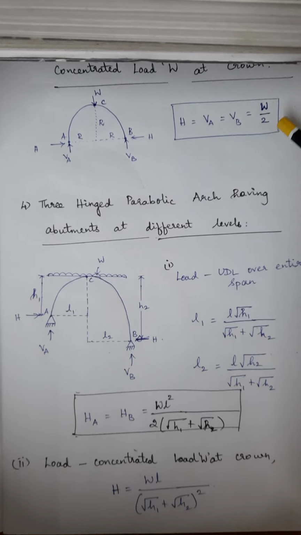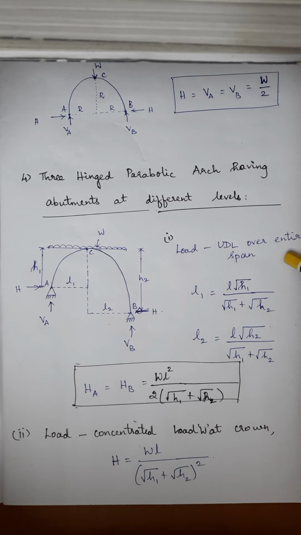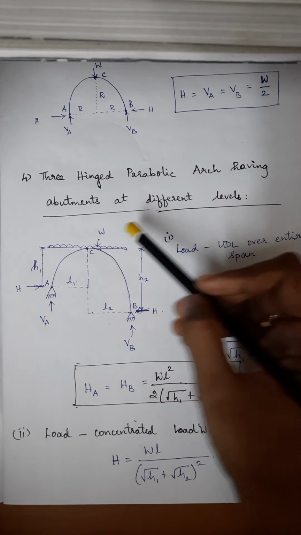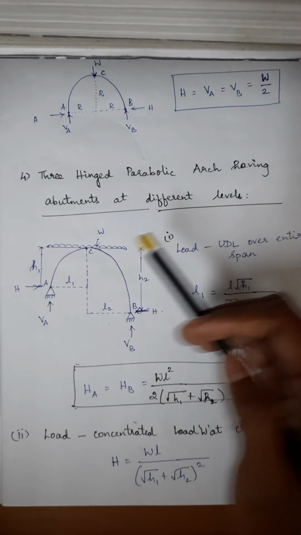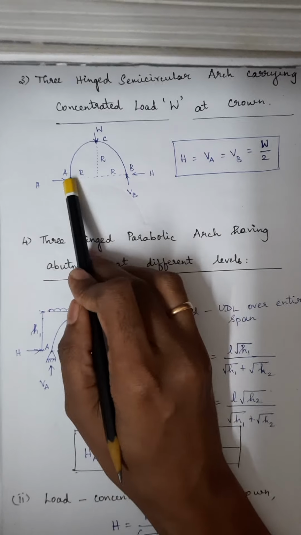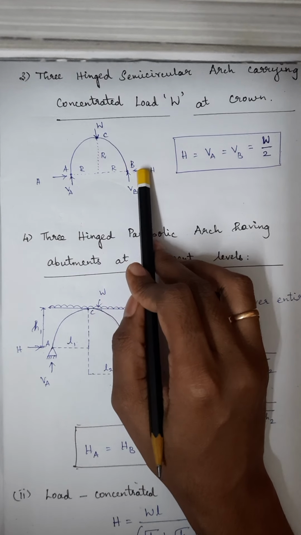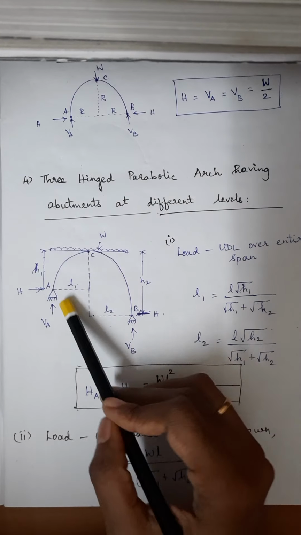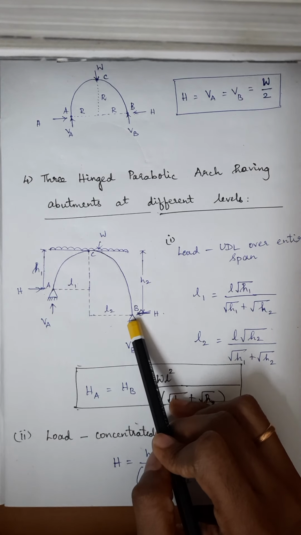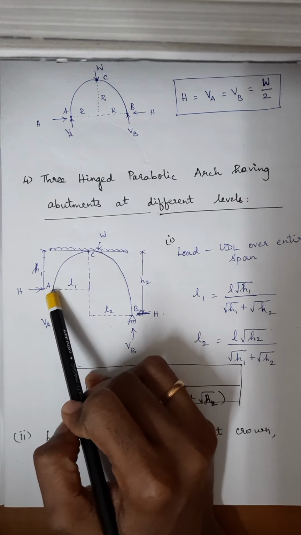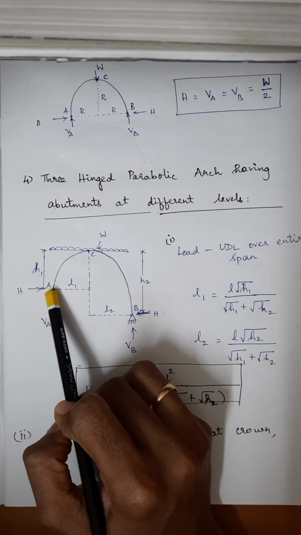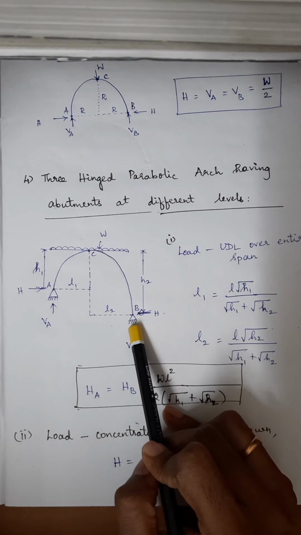Next is 3-hinged parabolic arch having abutments at different levels. In all the earlier cases, both hinge points were at the same level. If they are at different levels, that is called abutments. Here point A is here and point B is here.